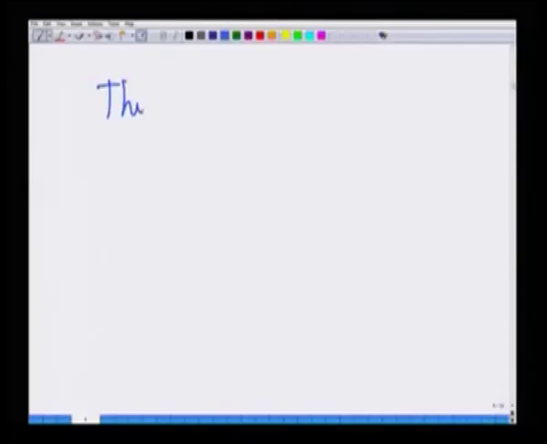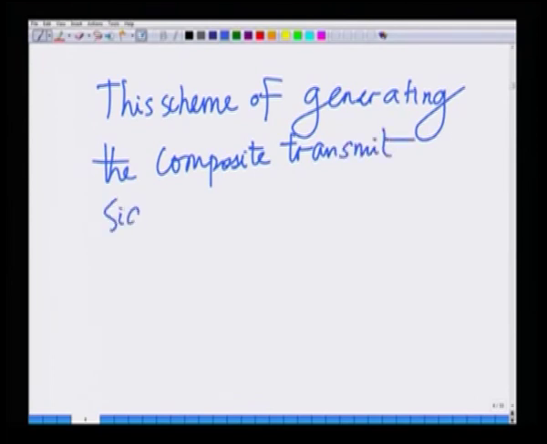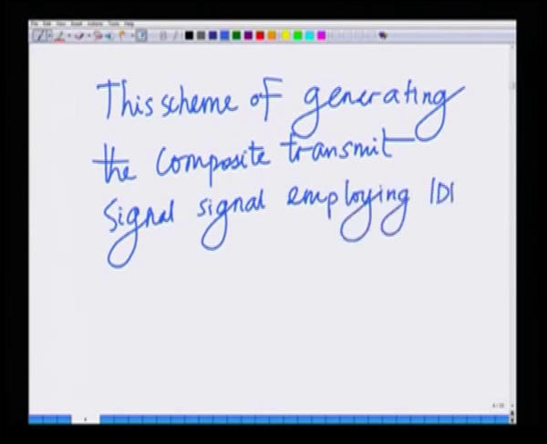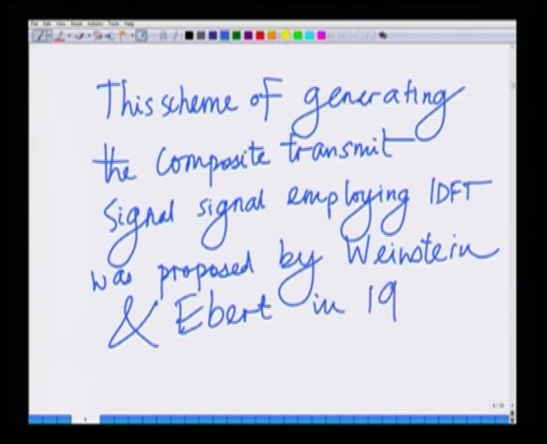This scheme of generating the composite transmit signal employing IDFT was proposed by Weinstein and Ebert in 1971.